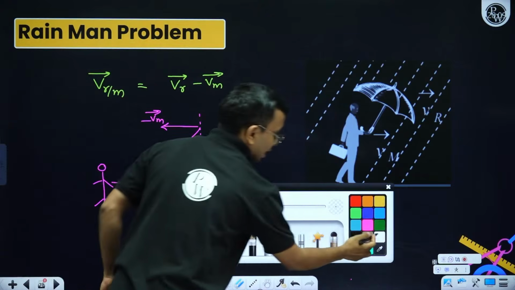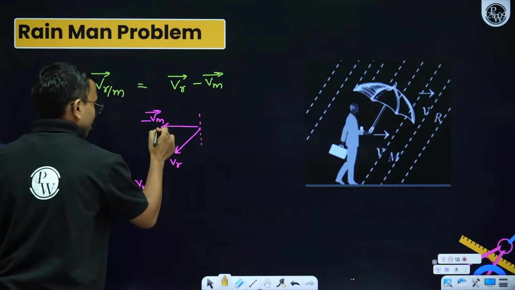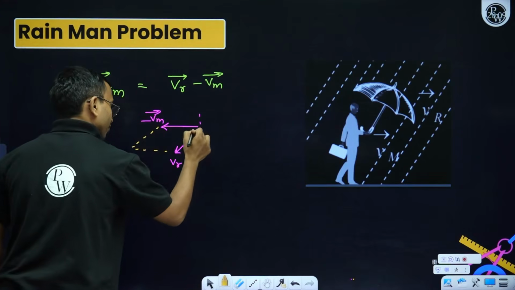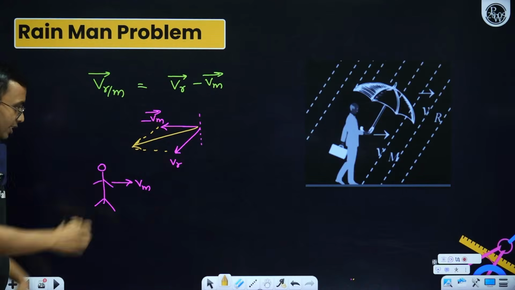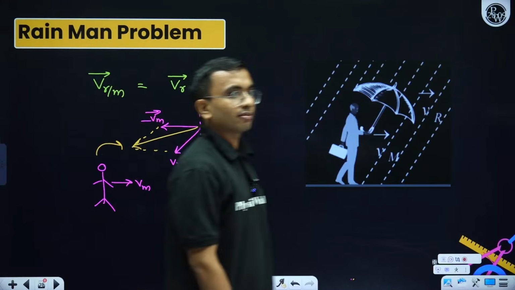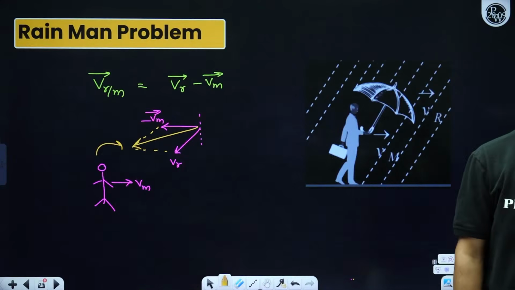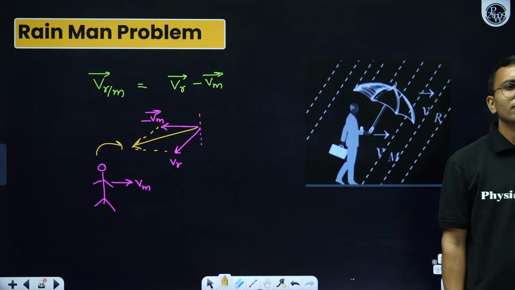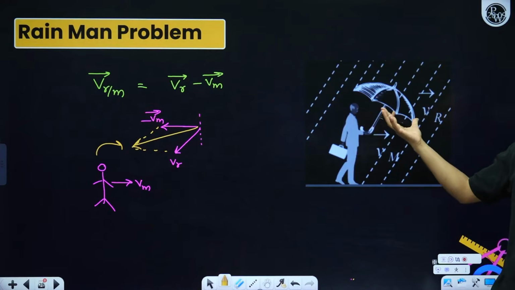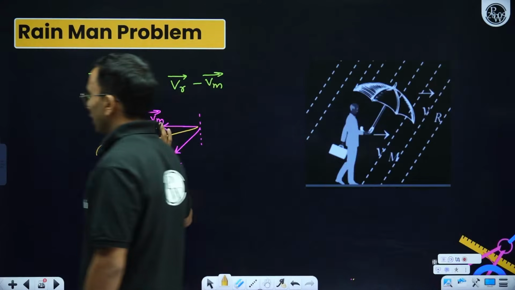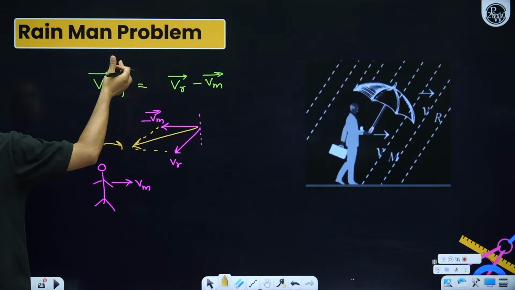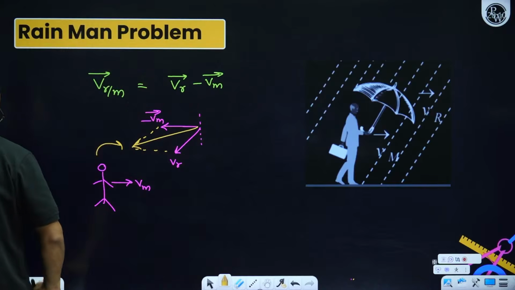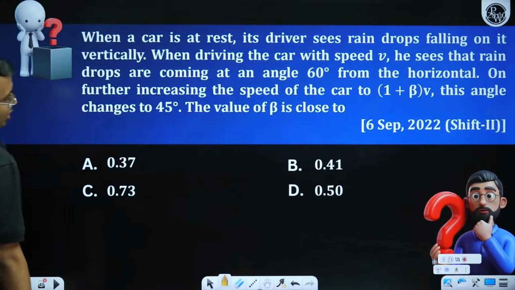Now the resultant of these two vectors will come somewhat like this. This will be the velocity this man will observe. Clear? Then you can find the angle with the vertical at which he has to hold the umbrella, or whatever is asked in the question. Let us do a question on this.